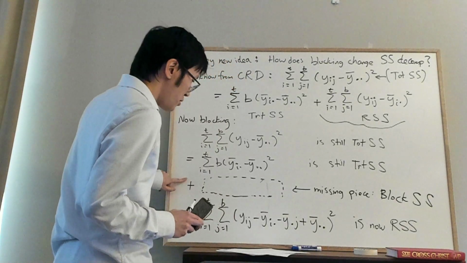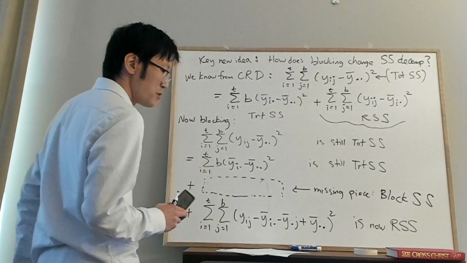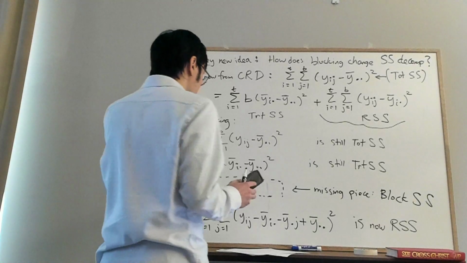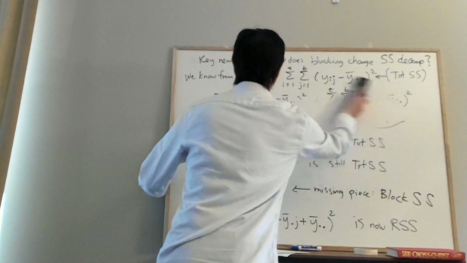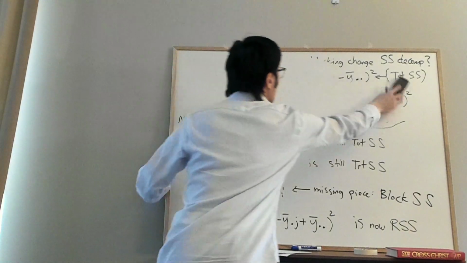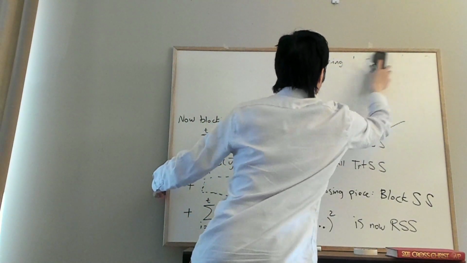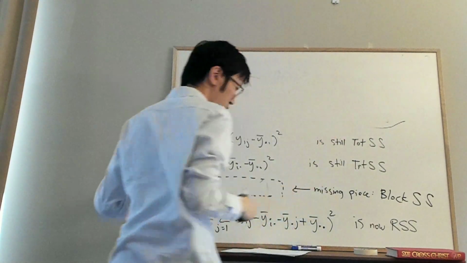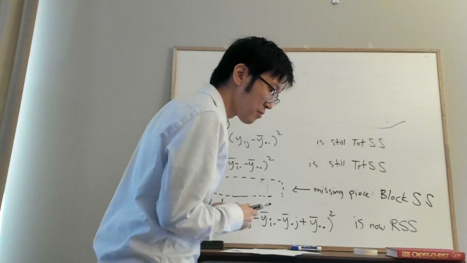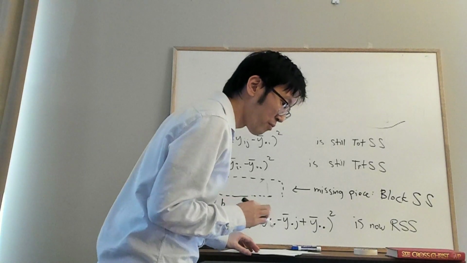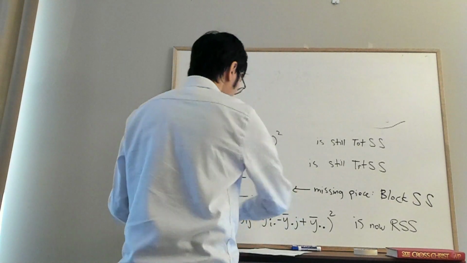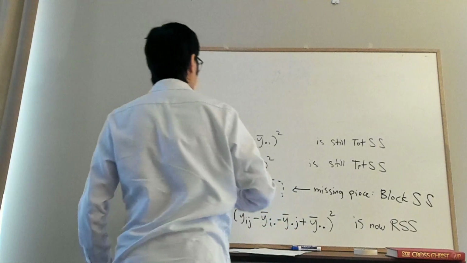All right, so now I just need to show you what this missing piece is, and we will do it by yet another sum of squares decomposition. Okay, so what we need to do is decompose the residual, so the old residual sum of squares.